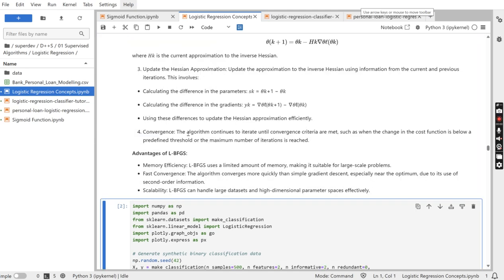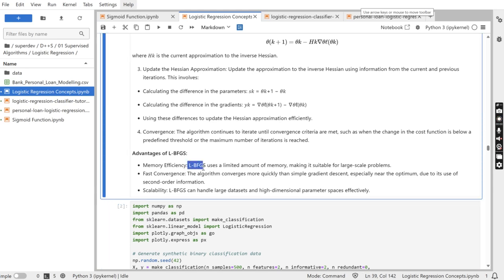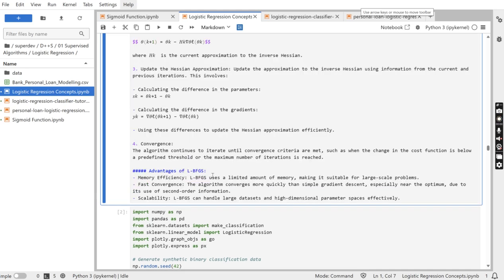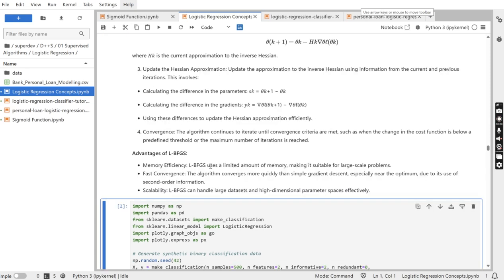So when you use logistic regression, if you want to deploy it in production, ensure that your solver is LBFGS. Don't randomly choose any solver, otherwise it won't be scalable. Otherwise again you'll have to do the retraining. Your model will show concept drift.